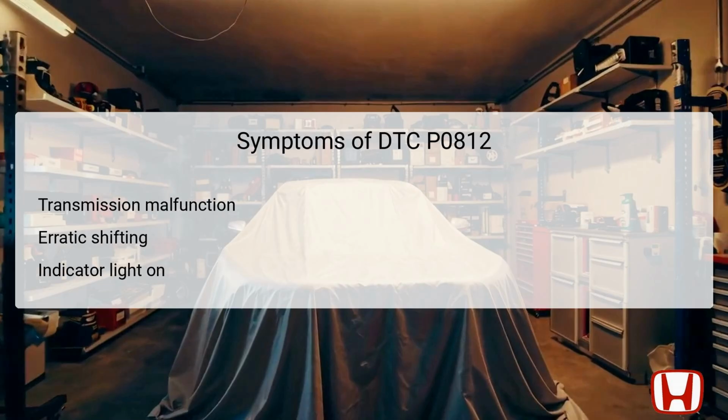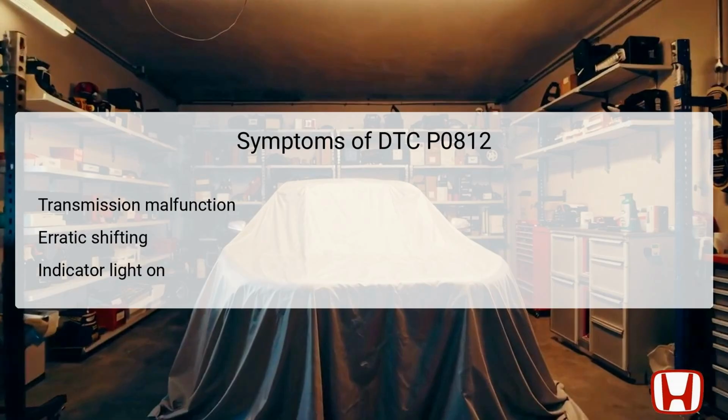Symptoms associated with DTC P0812 can directly impact vehicle performance and driver experience. One common symptom is transmission malfunction, which may manifest as difficulty in shifting gears at the appropriate times, leading to potential safety hazards.